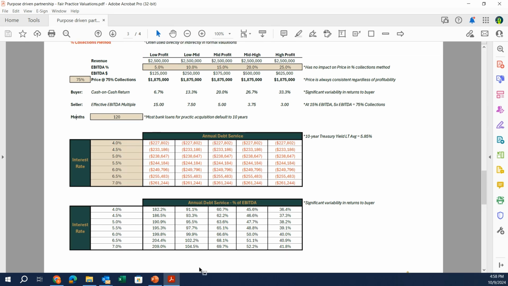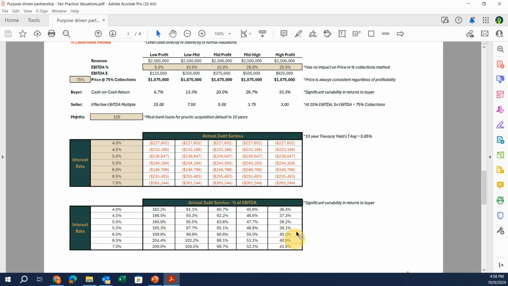Notice right off the bat at the extreme end of this range that when profitability is low and I buy a practice based on the percentage of collections, I might be paying all of my EBITDA and sometimes even then some to the seller. I'm over 100% here when profitability is low.